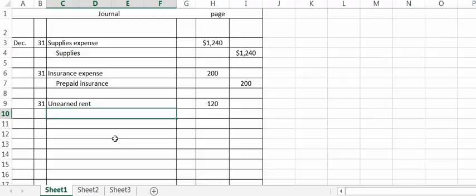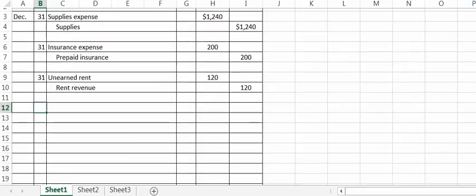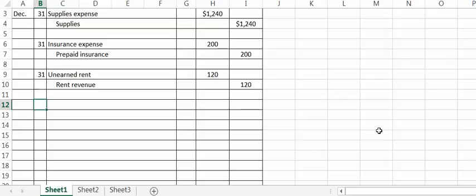Okay, it has now been earned, so we can now call it rent revenue. So we're going to credit rent revenue for the same amount, 120. Remember, revenues increase on the credit side. All right, now those are the 3 of your adjusting entries that require a little bit of calculation. The other three are really straightforward.